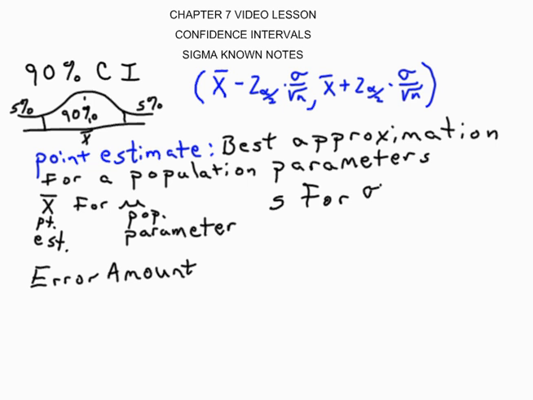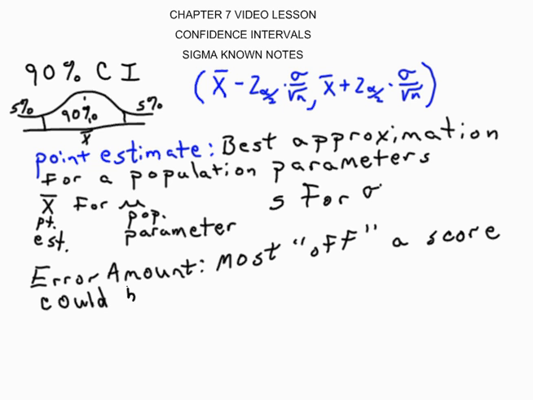Error amount is the most off a score could be and still contain your parameter, in this case mu.